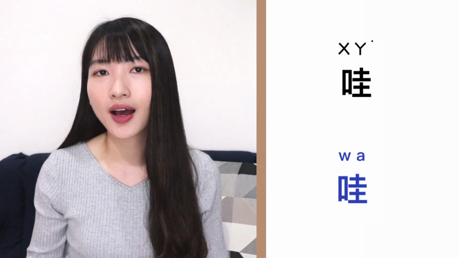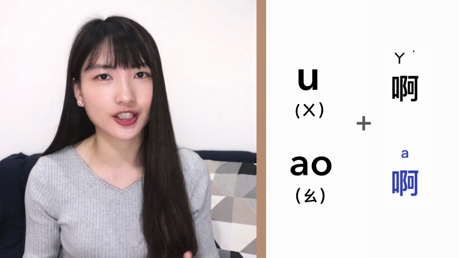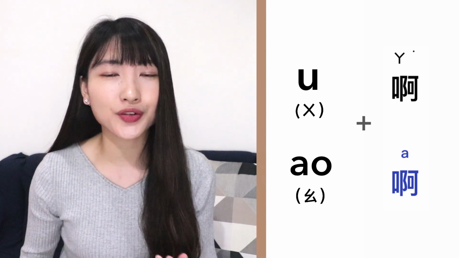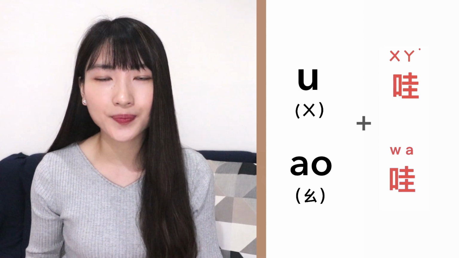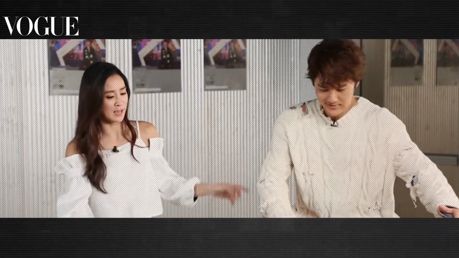The next one is 哇. It's also a changed version of 啊 when the previous character of 啊 ends with u or ao. 啊 would sound a little bit like 哇. For instance, 好啊。我们试试看，来。But in writing, people still use 啊 and seldom use 哇.